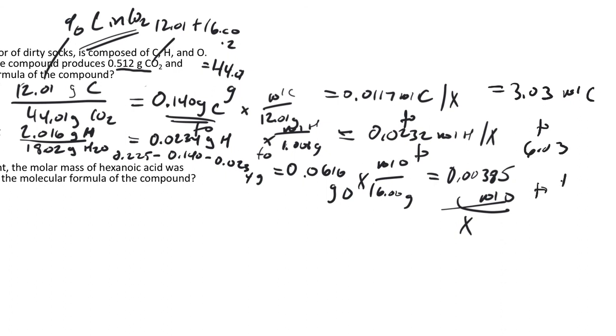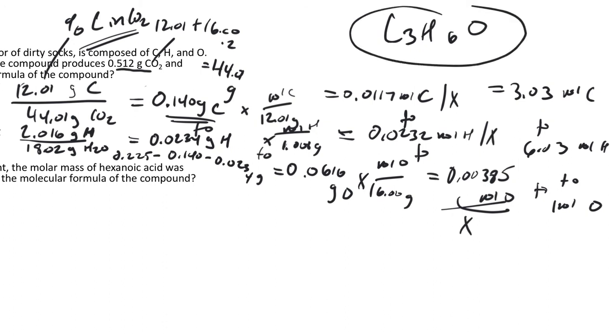And then 1 mole of oxygen. And so those are close enough to round to C3H6O, because we're within about 0.03. It was what we wanted to be within approximately to be able to round.